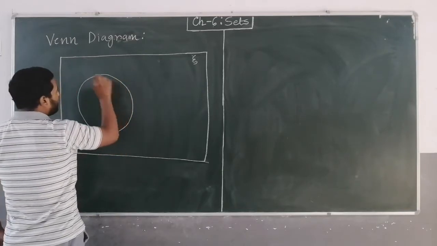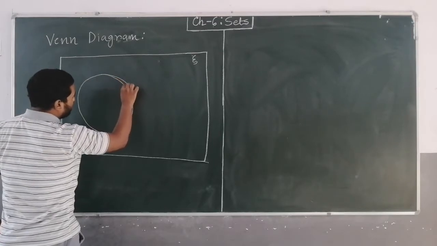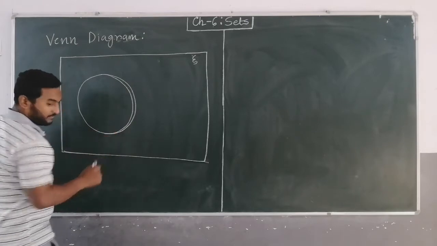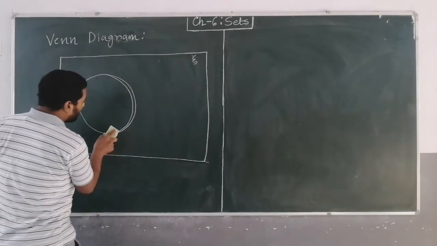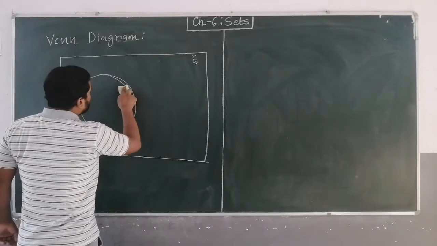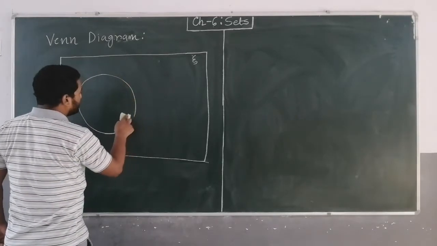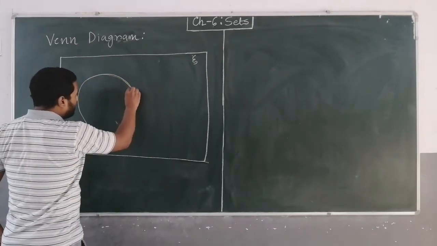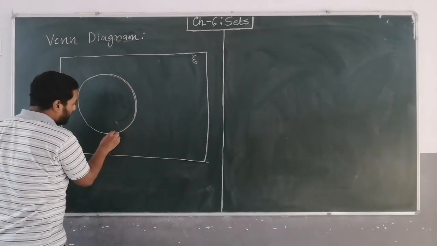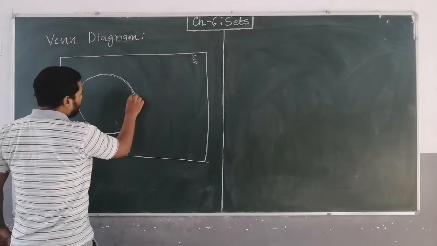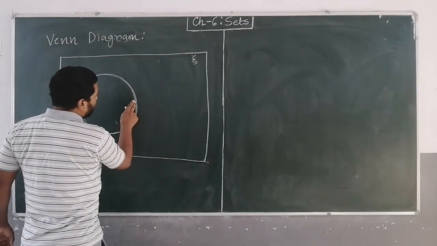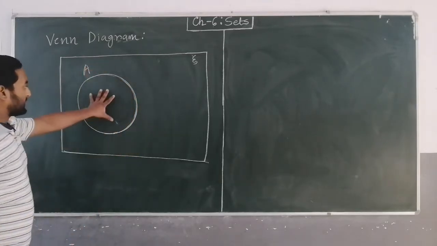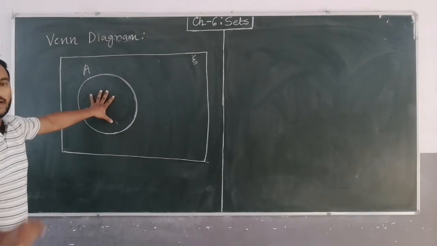So through the Venn diagram, the rectangle is showing the universal set and this circle is representing a set. Suppose the given set is A. This circle is representing another set.